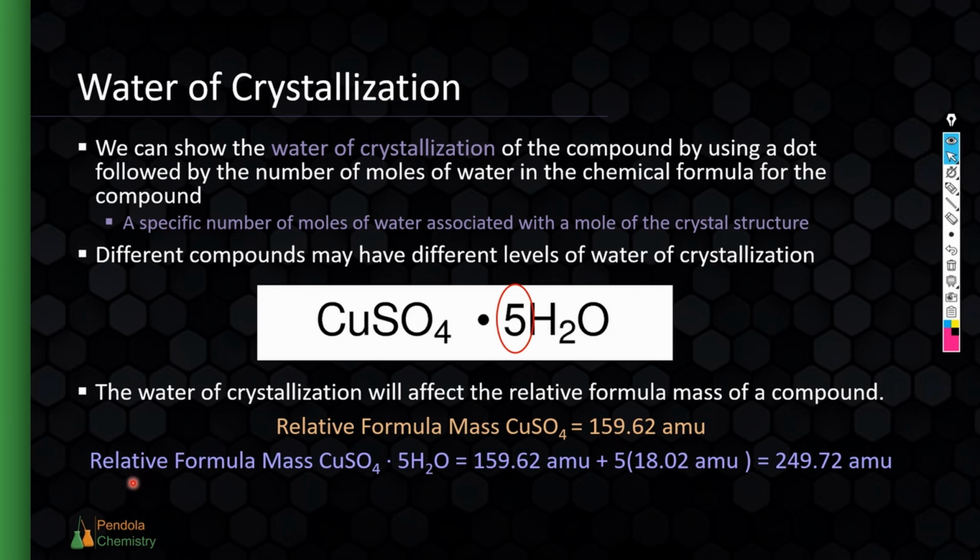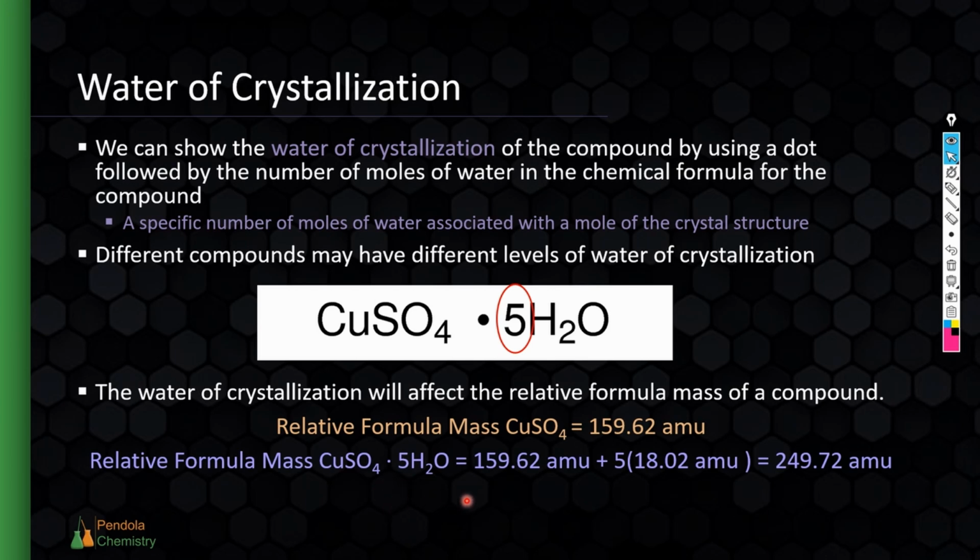But the relative formula mass of hydrated copper 2 sulfate is now different, because those 5 moles of water molecules trapped inside the lattice add mass to the lattice. So the relative formula mass of an anhydrous ionic compound and of the hydrated ionic compound are different.